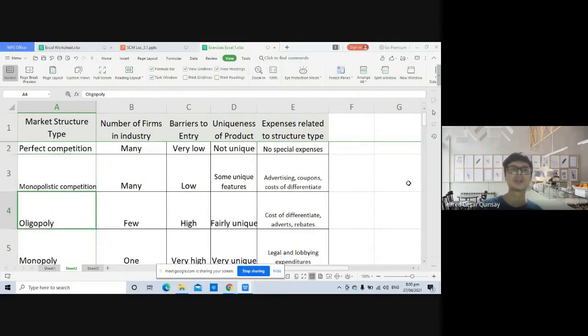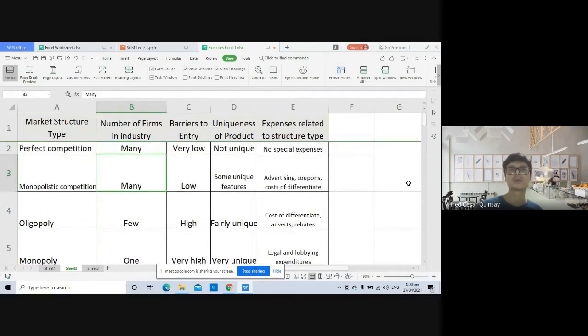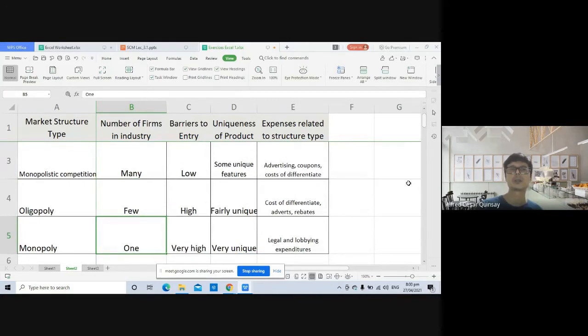Kasi na-capture niya na halos yung global yung scope niya, no? Okay? Although yung sasabihin mo hindi naman siya public utility, pero because of yung intellectual capital, no? And the barriers to entry is very high kasi yung expenses dun it's enormous, no?